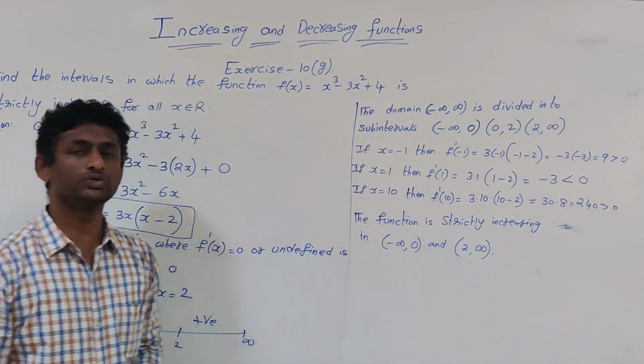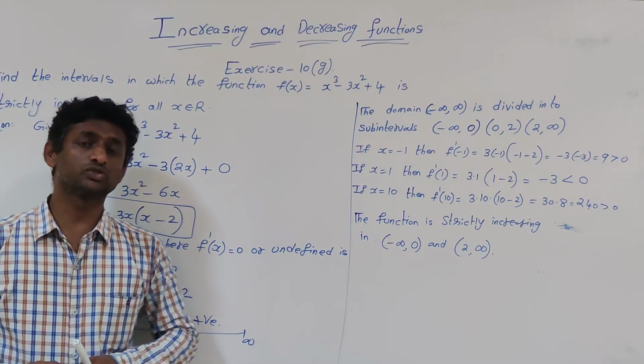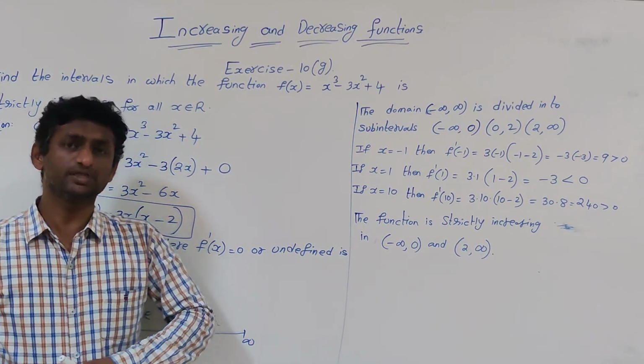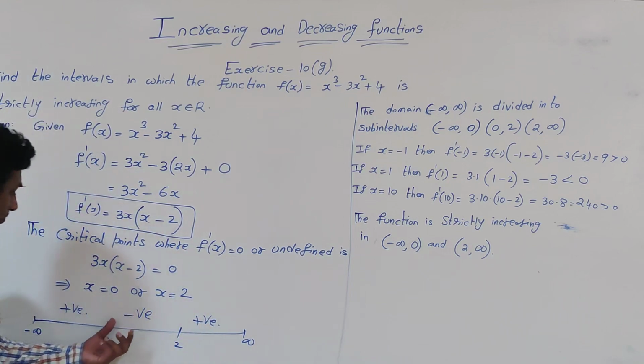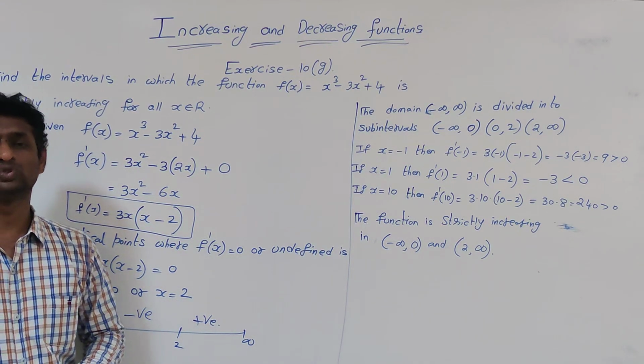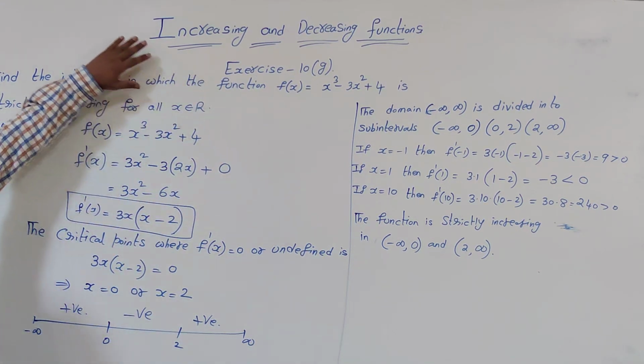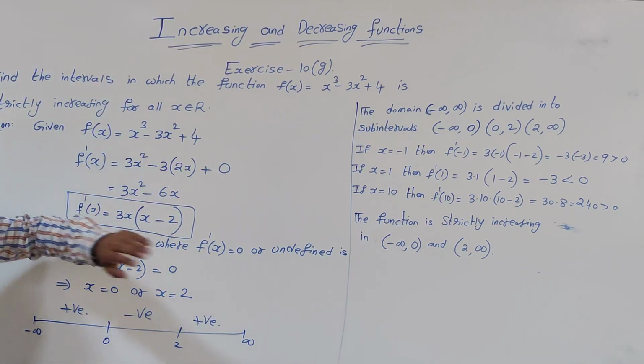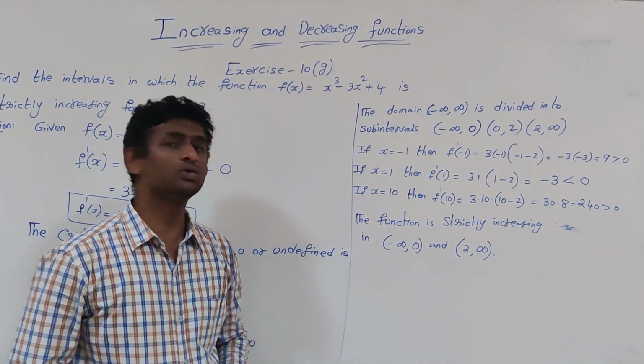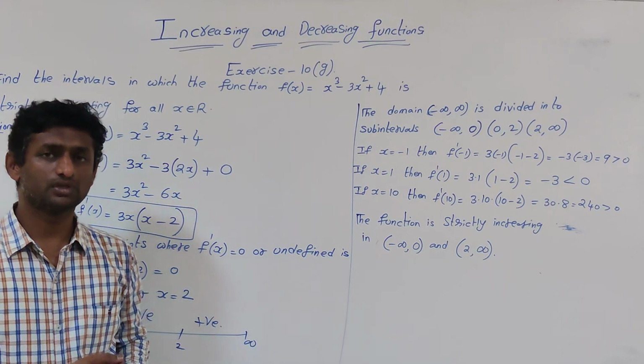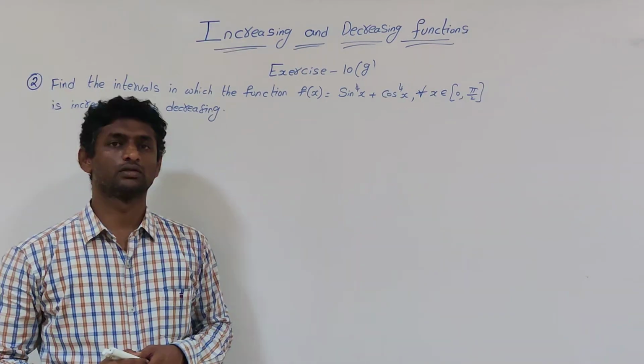So this is the solution. But if I change the question to in which interval it is decreasing, the answer is the open interval 0 to 2. So as per this question, the intervals in which it is increasing are minus infinity to 0 and 2 to infinity. Now next we'll see the next problem.